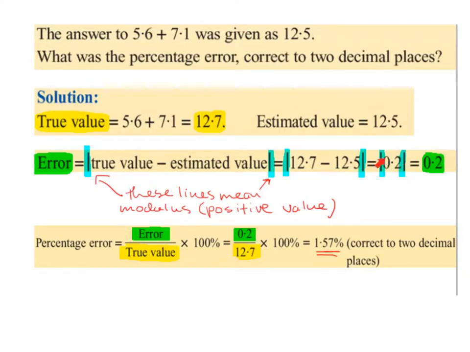But if we come up with a negative answer here, we would just automatically make it positive. So the percentage error is the error divided by the true value multiplied by 100%, which is 0.2 divided by 12.7, multiplied by 100%, which is 1.57%, corrected to 2 decimal places.